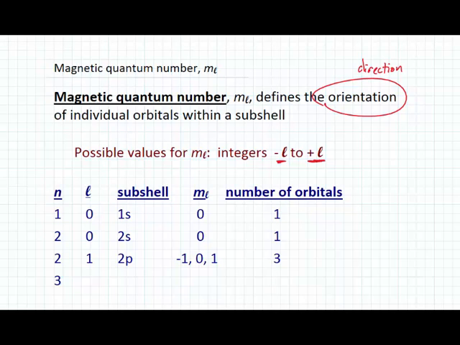So let's start with n equals 1. L can only be 0. That's 1s. That's spherical. For magnetic, we can only go negative 0 to positive 0, which is just 0. Which means we have only one orbital. That's it.